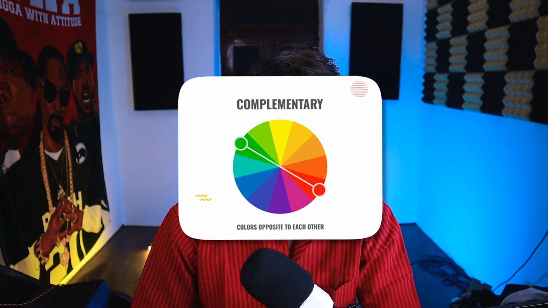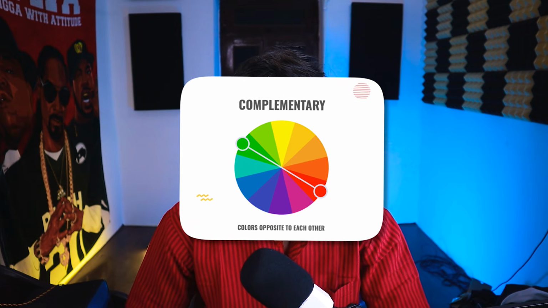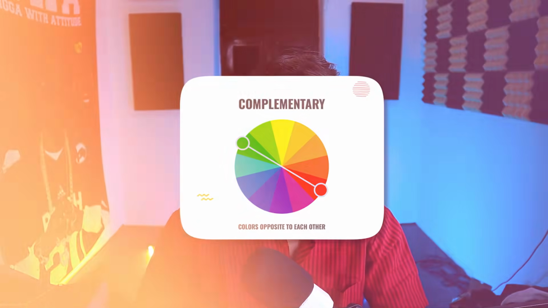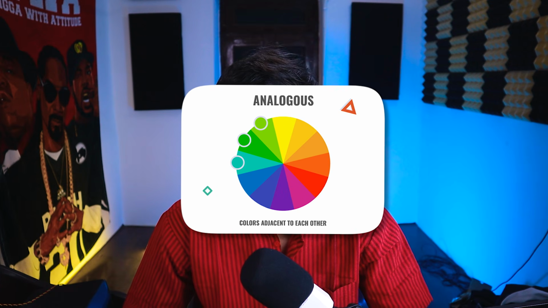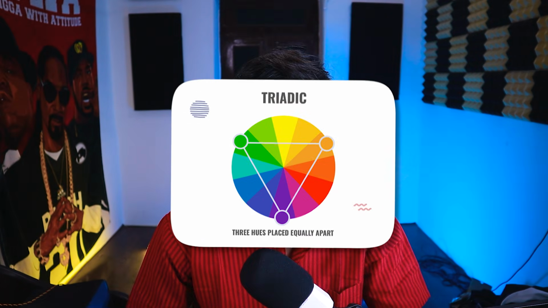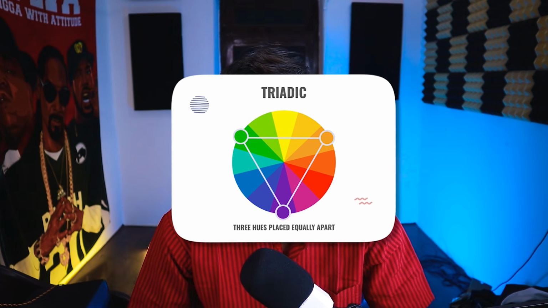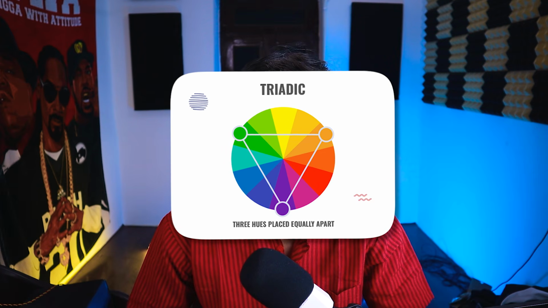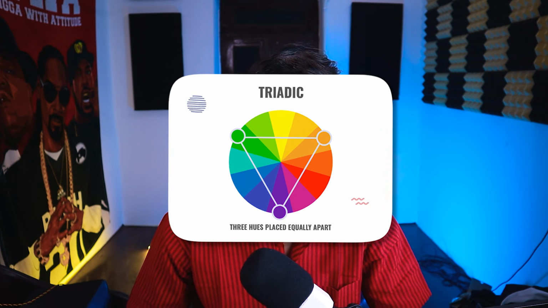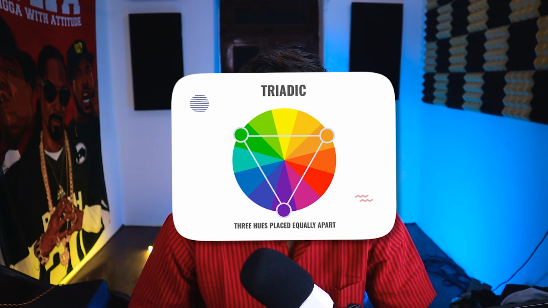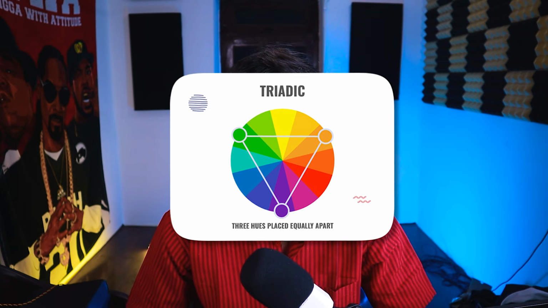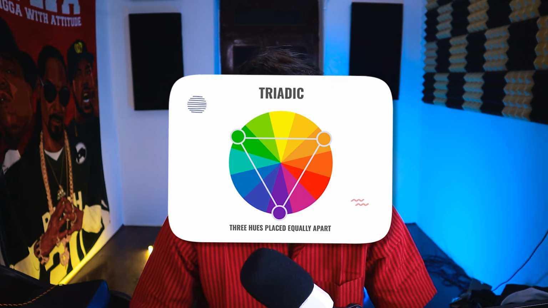Complementary colors sit opposite each other on the color wheel, creating a high contrast and dynamic effect. Analogous colors are adjacent to each other on the color wheel, creating a harmonious unified look. Triadic color schemes consist of 3 colors of equal distance from each other on the color wheel, forming a balanced and vibrant palette. This scheme is a variation of the complementary scheme, where instead of using the direct opposite colors, you choose 2 adjacent colors to the complementary hue.